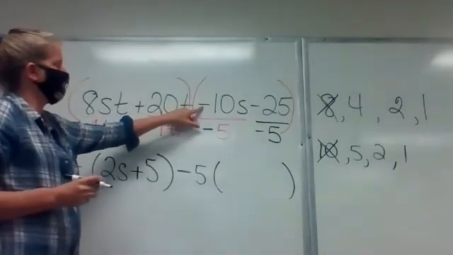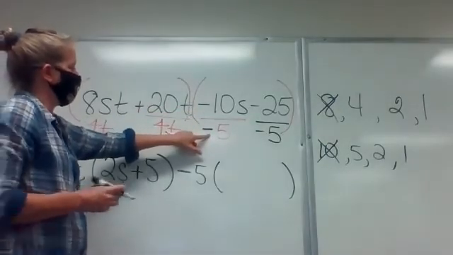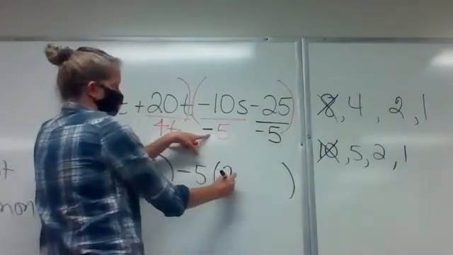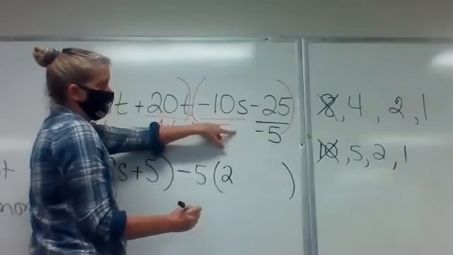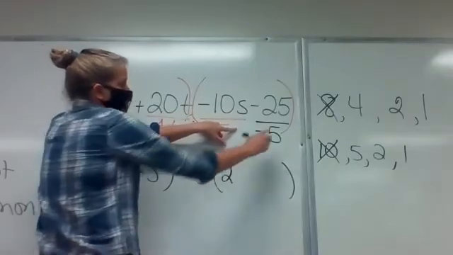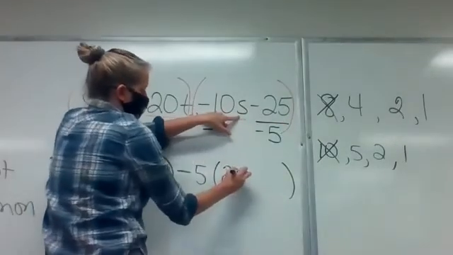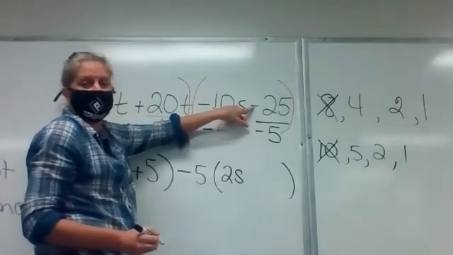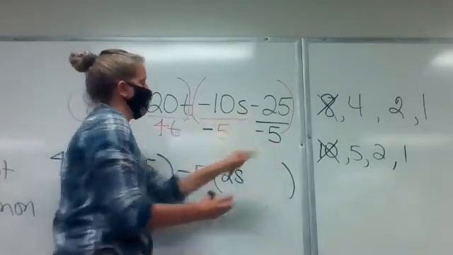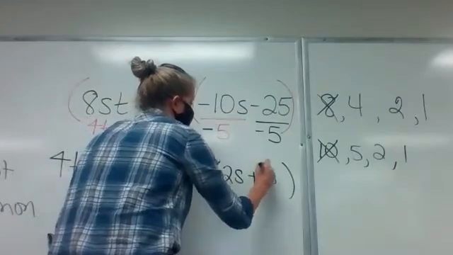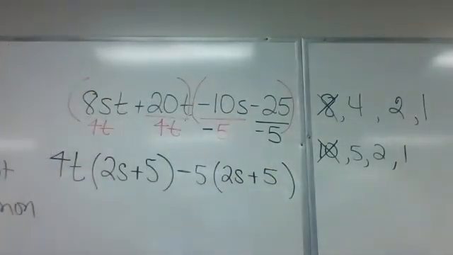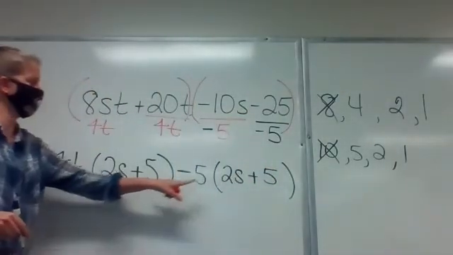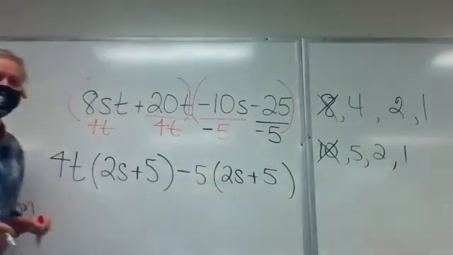So let's see, negative 10 divided by negative 5 gives me positive 2. I didn't pull out any S, right? There wasn't any S in common, so I couldn't pull out any S, so I still have the S. And what's negative 25 divided by negative 5? Well, that's positive 5. So 2S plus 5 now is what's in common.